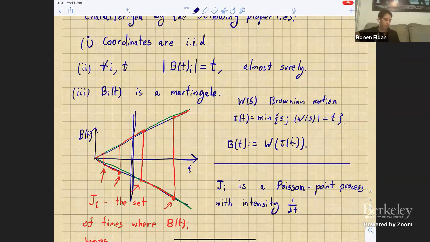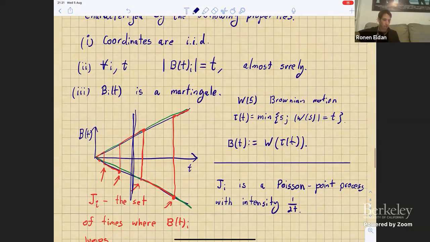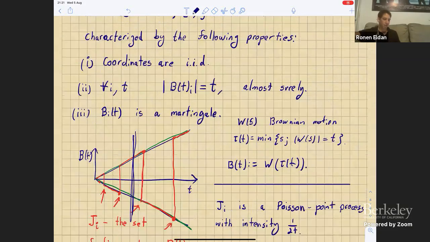Yeah, and the only thing that's not quite well defined is that I didn't tell you what's the value of B_t at the time of the jump. Is it left semi-continuous or right semi-continuous?